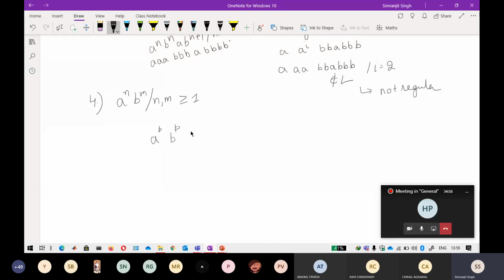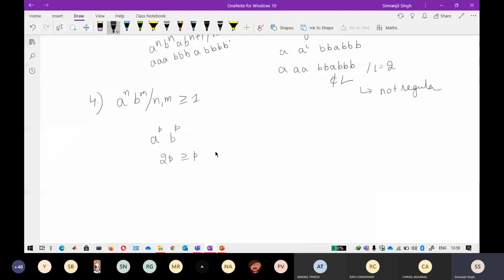Again follow the same procedure. This 2p is greater than or equal to p, so the length of this will at least be p here. That is the same procedure as in x raised to power n and y raised to power n. Now after that, go for p raised to power 1 or p equal to. Most preferably I prefer this one.